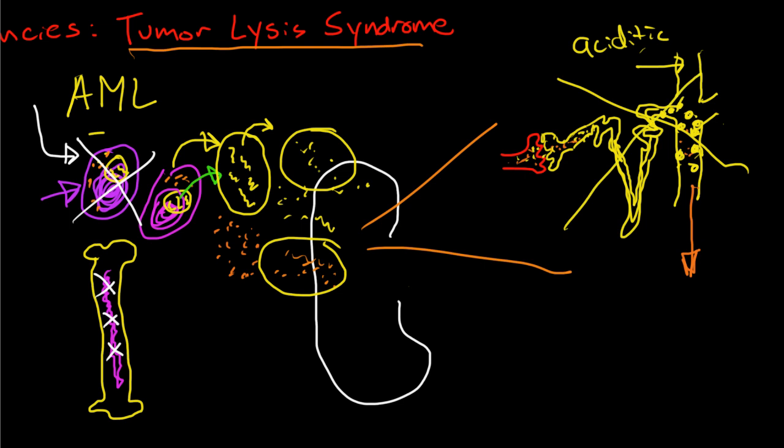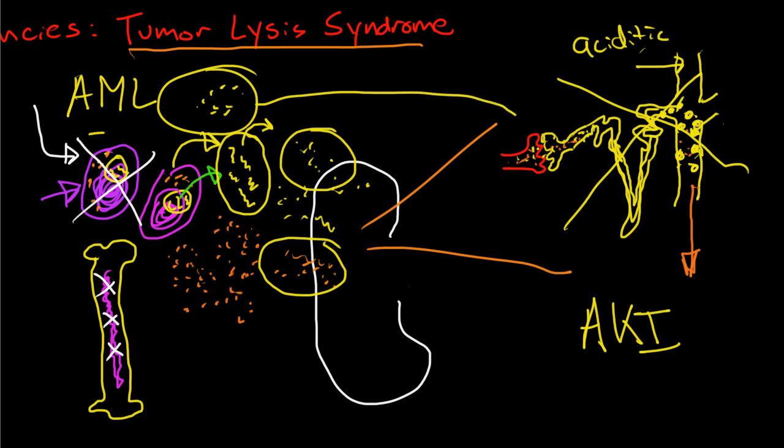Now, when we start to have acute renal failure or acute kidney injury, then the nephrons aren't functioning well, right? And then what happens? Well, then we end up with a situation where we've got these tumor cells that are continuing to break down and lyse because of the chemotherapy and release their high concentrations of potassium and their high concentrations of uric acid, and the system of secreting them is no longer working.